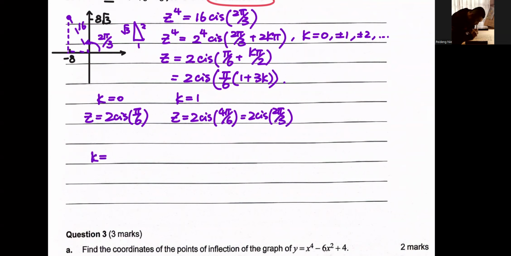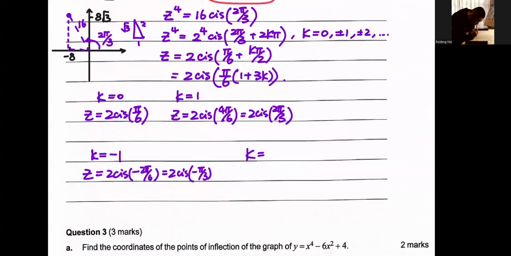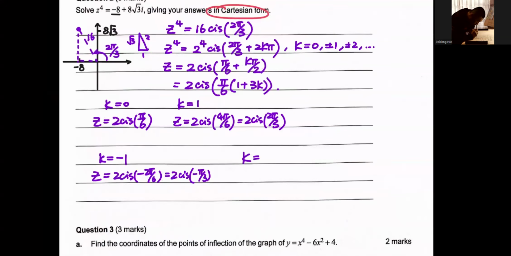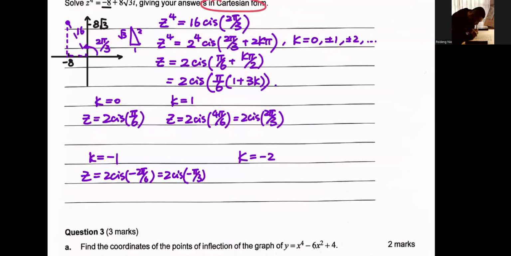If k equals minus 1, 1 plus 3 times minus 1 is minus 2, so minus 2 pi over 6. That is 2 cis minus pi over 3. And if I sub in the last number, I should get minus 5 pi over 6 for the principal angle.